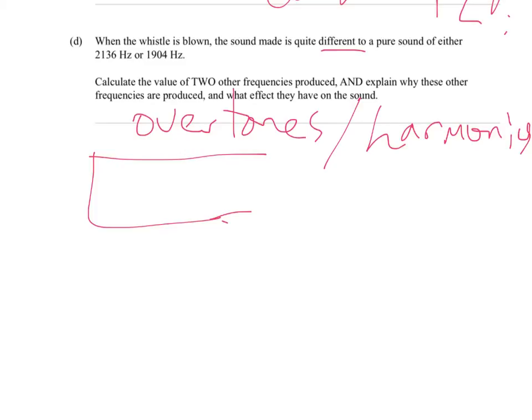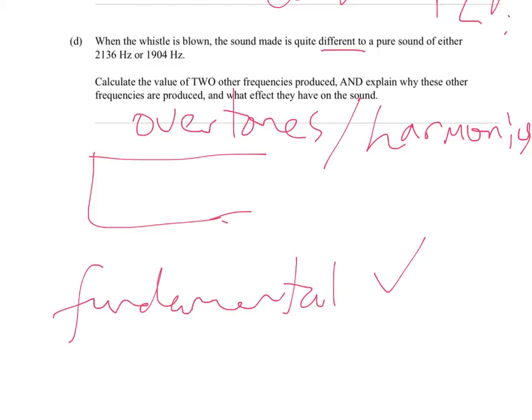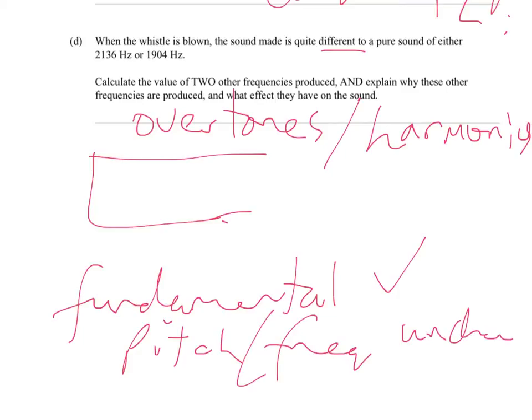The same fundamental must be existing, so that's still there, meaning the overall pitch or frequency is unchanged, and we're not going to have any different kind of pitch heard, but it's going to affect the timbre.